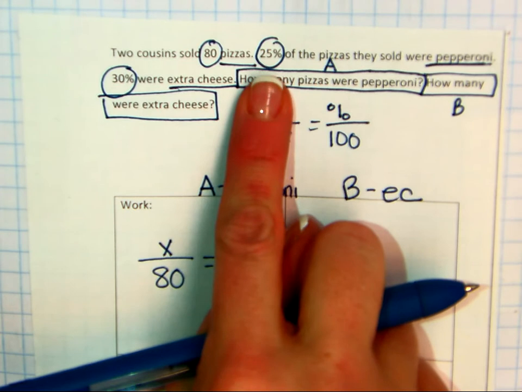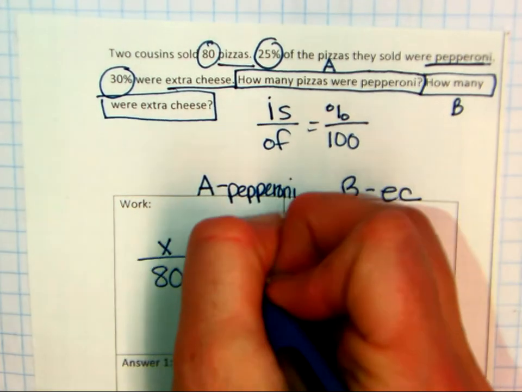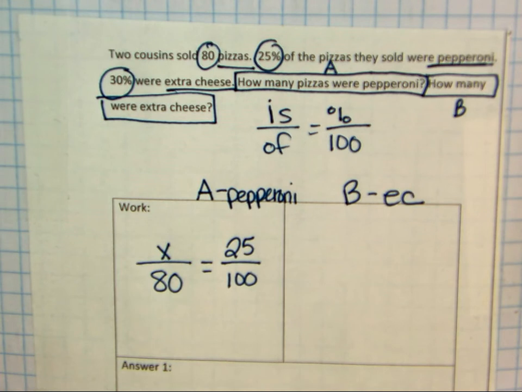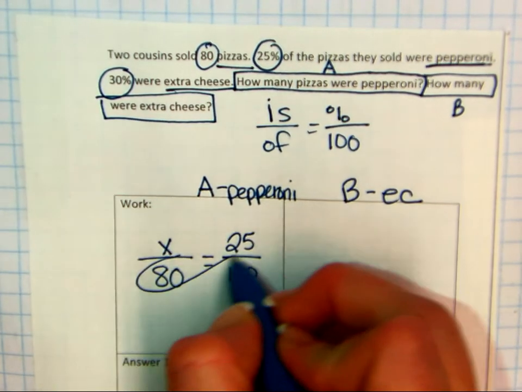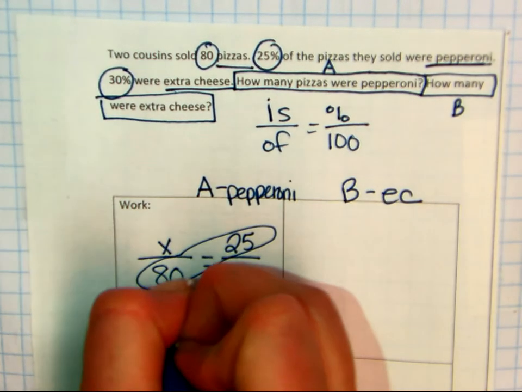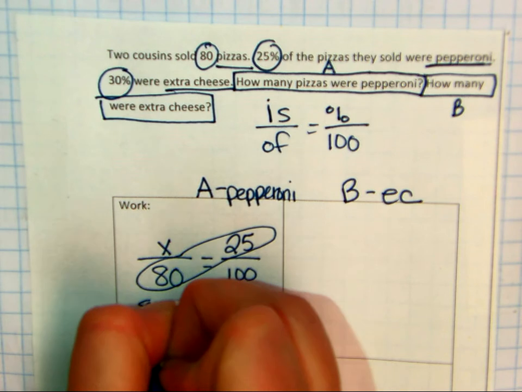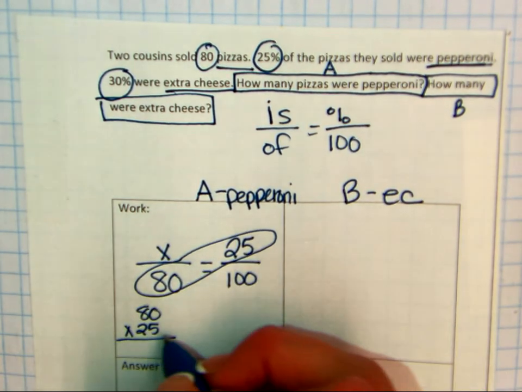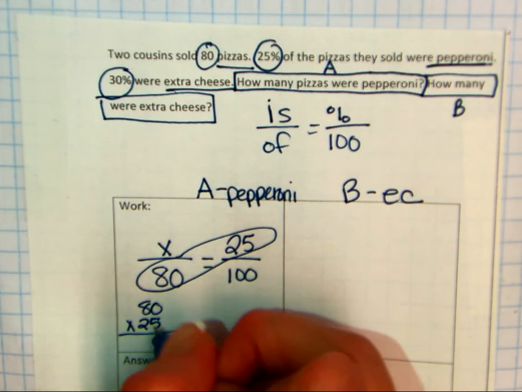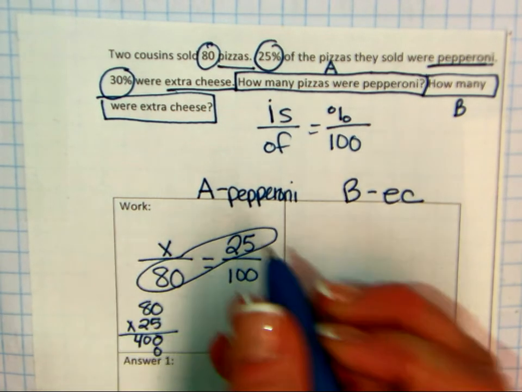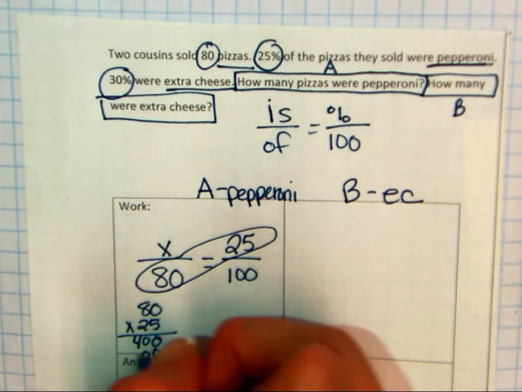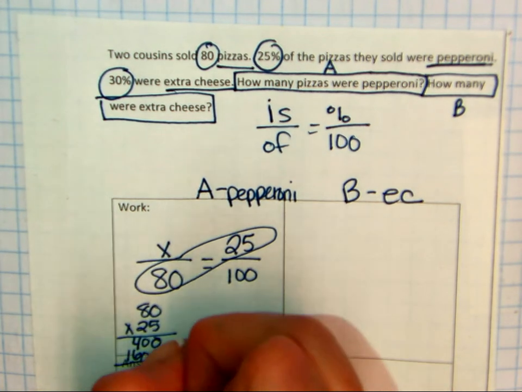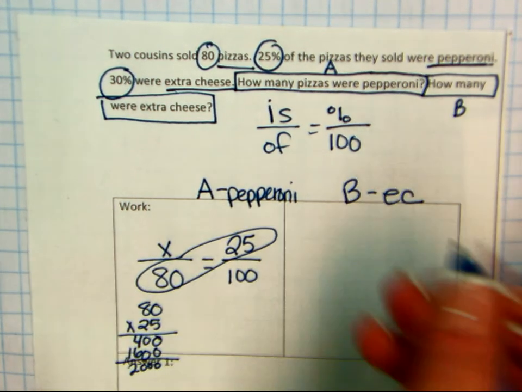And we know that it's going to be 25% over 100. So we do this times this, which we get 5 times 0 is 0, 40, 0, 2 times 8, 16. I end up with 2,000.